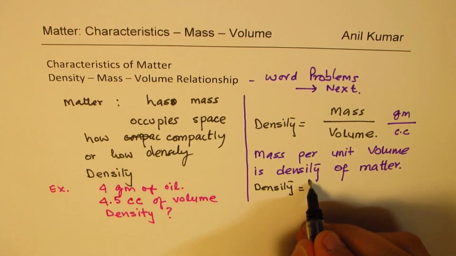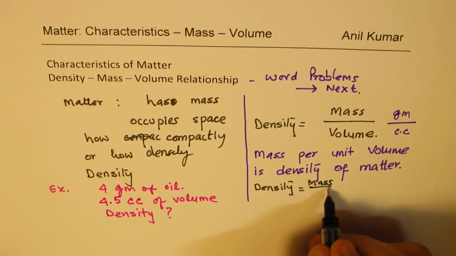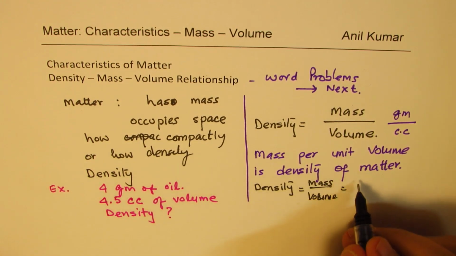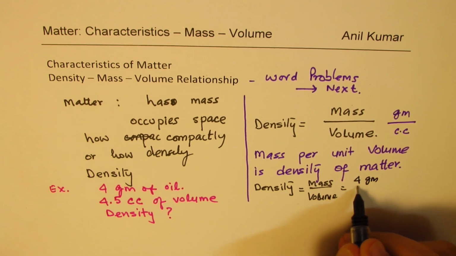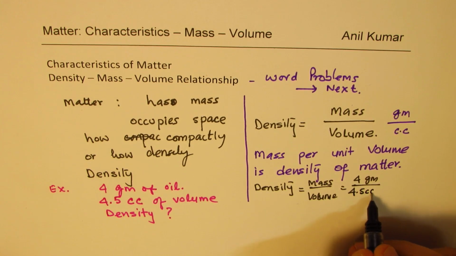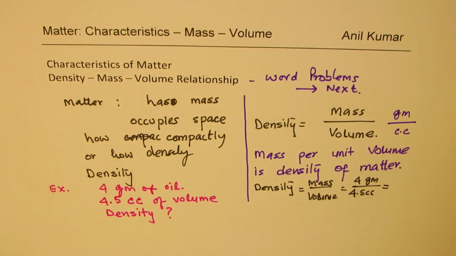So a simple calculation, we know density is the ratio of mass over volume, right? So mass is 4 grams, volume is 4.5 cc. So we'll just divide 4 by 4.5 to get our result, right?